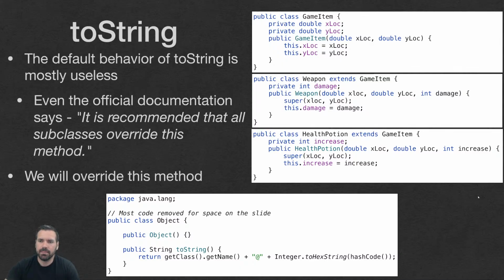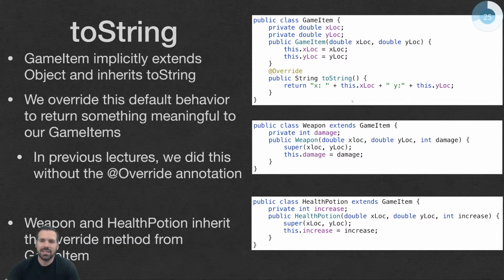So let's override it. Let's rewrite our classes to override the toString method. And what we can do is override it in just the game item class. The game item can add the location information. That's all it really knows is location. So we can add location and have it print out X and Y values.